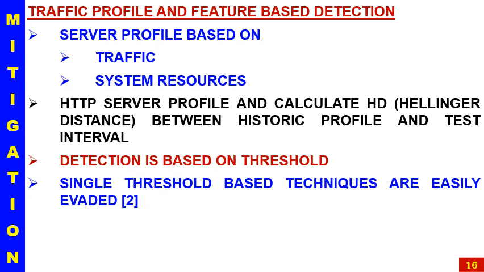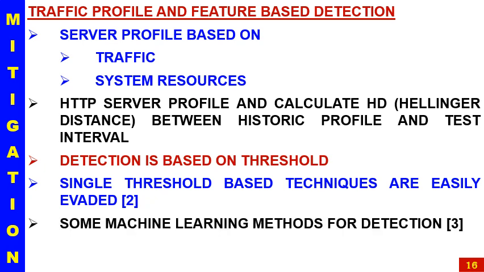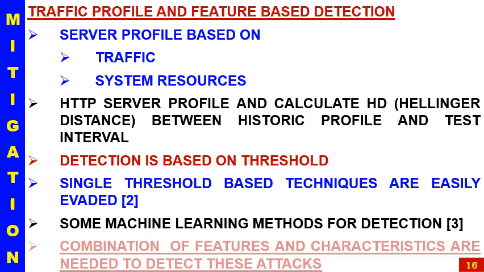However, single threshold based techniques are easily evaded. Some machine learning methods for detection have also been provided in various literature that we have gone through. However, a combination of features and characteristics is required to detect these attacks because single threshold based methods are easily evaded.